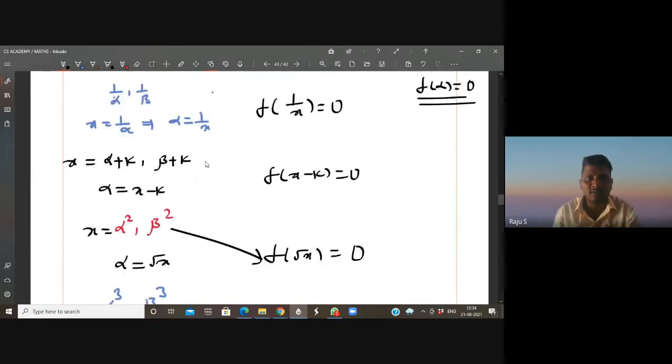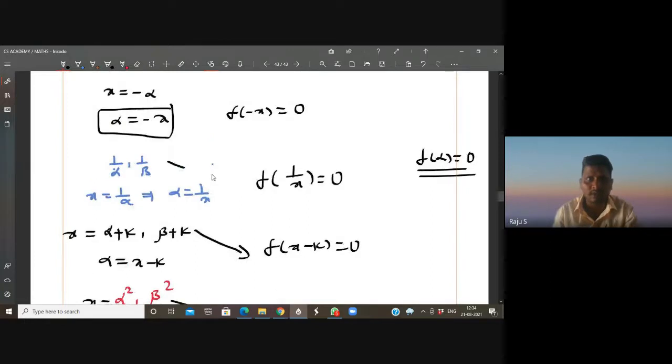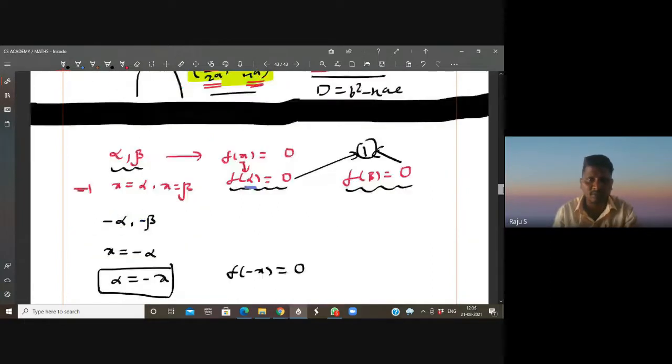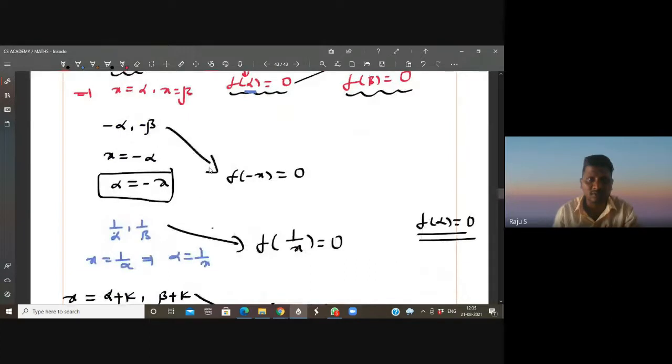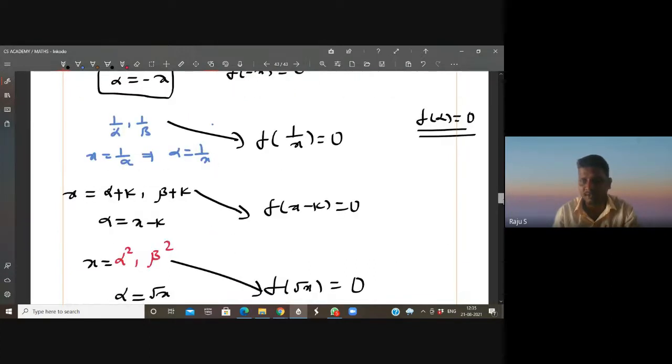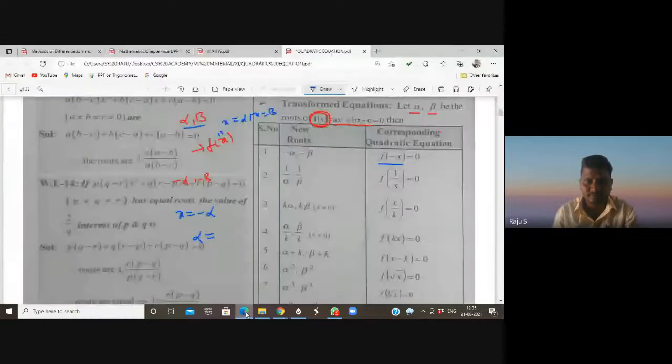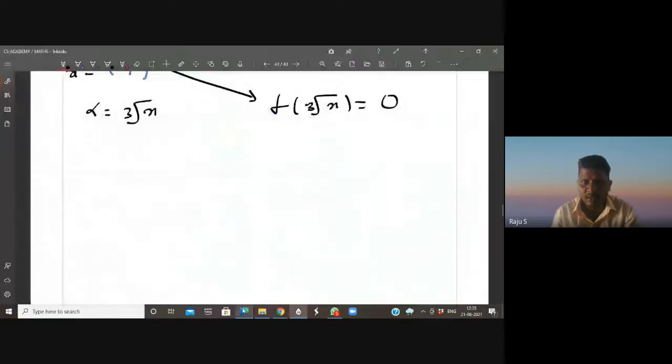And here alpha plus k, beta plus k are roots of f of x minus k is equal to 0. Here 1 by alpha, 1 by beta are the roots of f of 1 by x is equal to 0. So minus alpha, minus beta are the roots of f of minus x is equal to 0. Any other conditions? Alpha by k, beta by k.